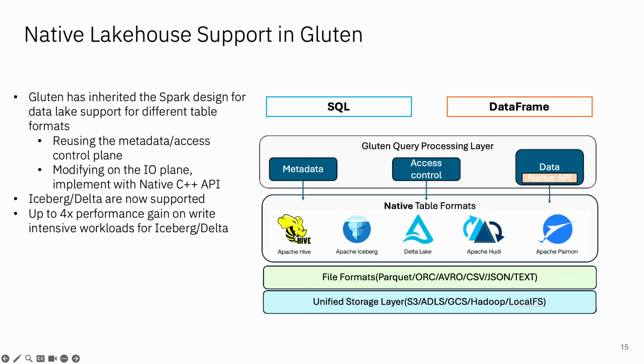Then we can support those data lakes very, very easily. Until now, we have Iceberg and Delta supported already, and now we are working on Hudi and Paimon support. In our early results, we see up to 4x performance gain on write-intensive workloads.